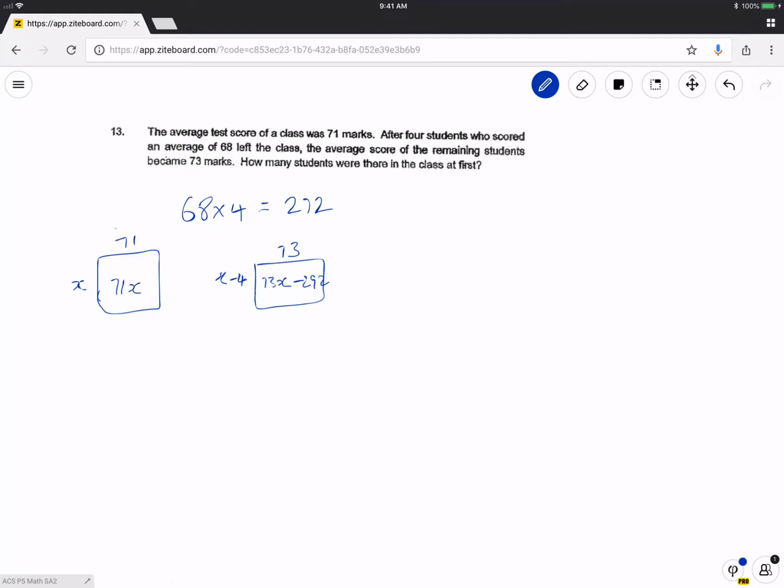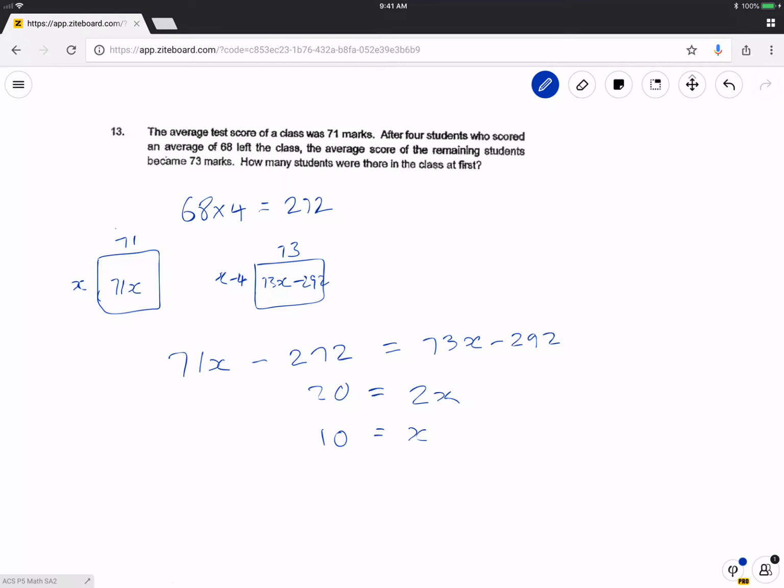So 71x, if I take away 272, should be the same as 73x minus 292. So from here, I know that a difference of 2x is equal to 292 minus 272, which is 20. So x equals 10.